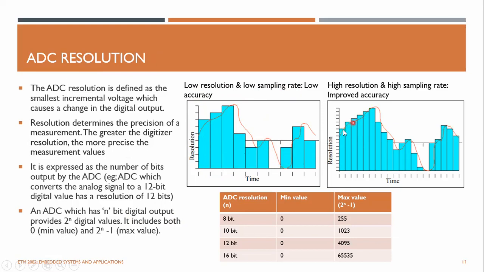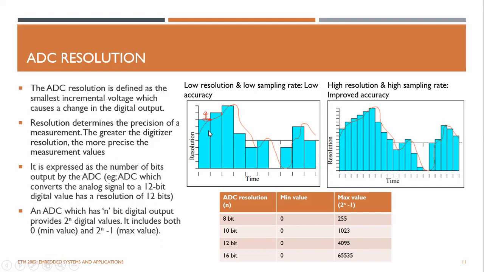When you have a high sampling rate and high resolution, you can see it sampled here and sampled here, right? But with a low resolution the voltage level changes over a very wide range.